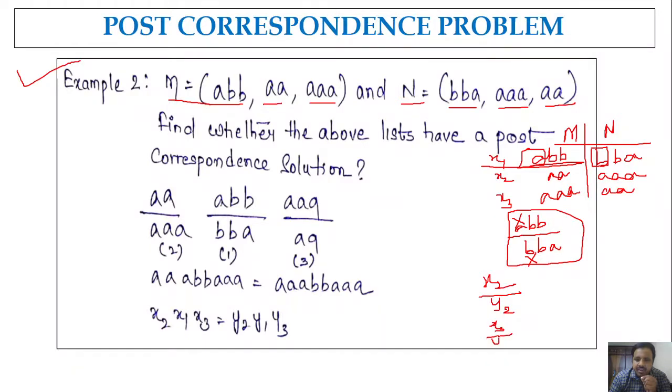In this problem I have taken the sequence as 2. Sequence 2 means I have taken x2, which is AA in the numerator part. Since I have taken x2, in the denominator part I will get y2, which is nothing but AAA.